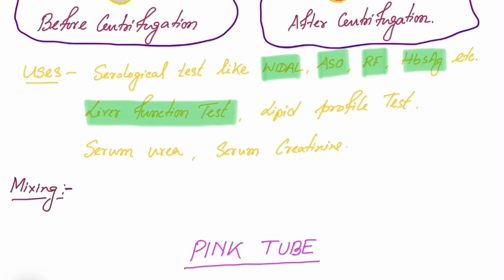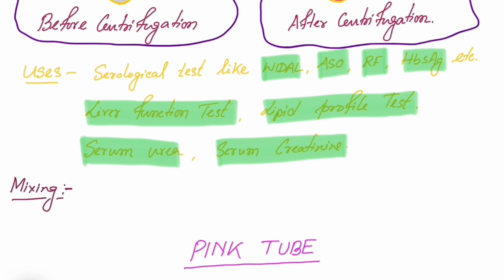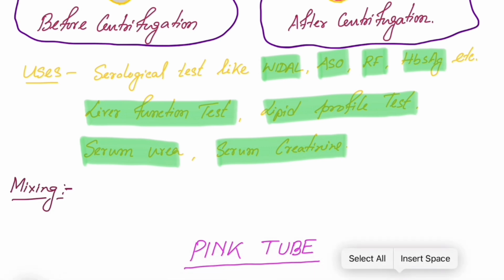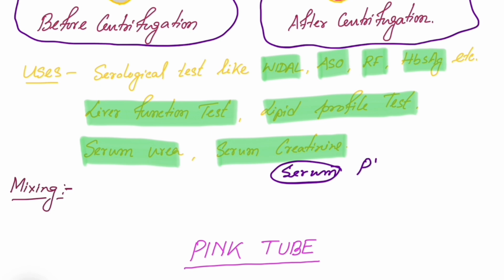In case of liver function test, you can use this plain tube and SST tube. Lipid profile test also, and serum urea, serum creatinine. And remember, all the tests which require serum, we can use either plain tube or SST tube.